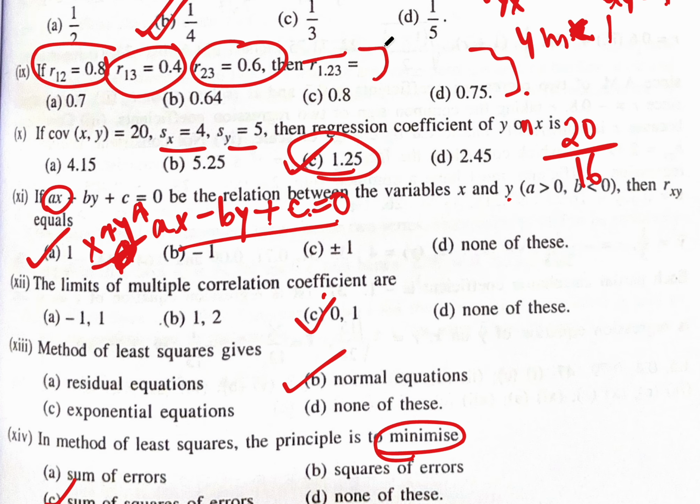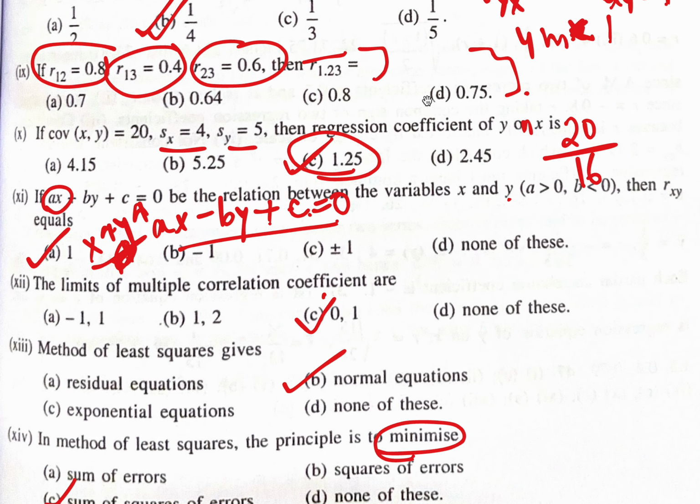Okay, let's just dive into it. Give me a minute. The whole formula goes something like this. Okay, what I have to find here is R1.23.